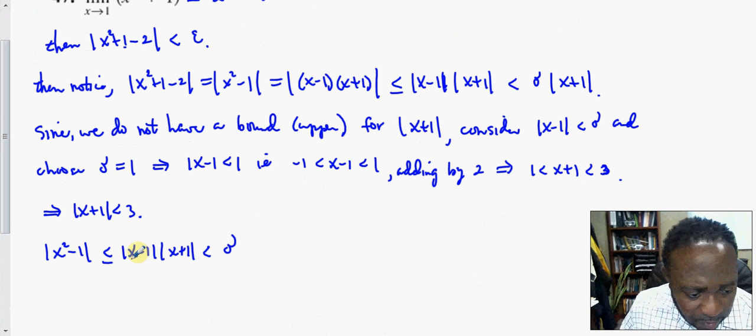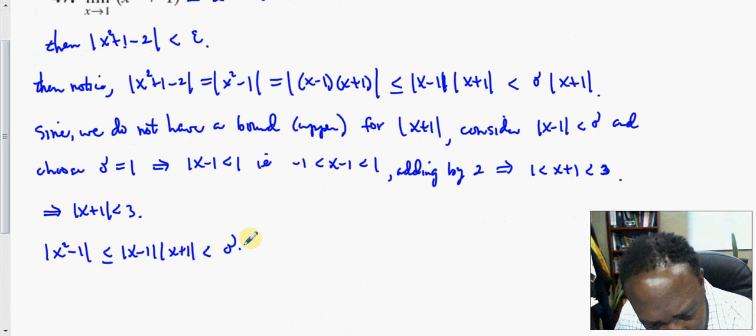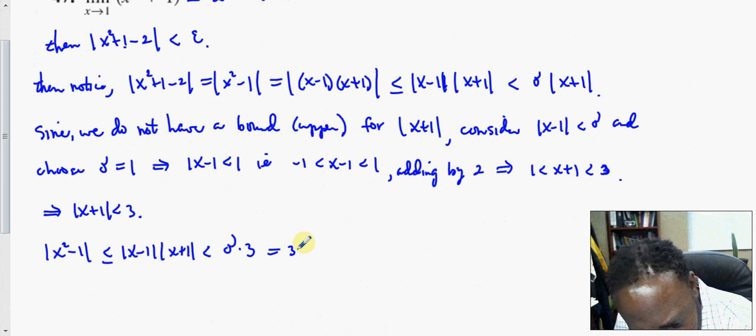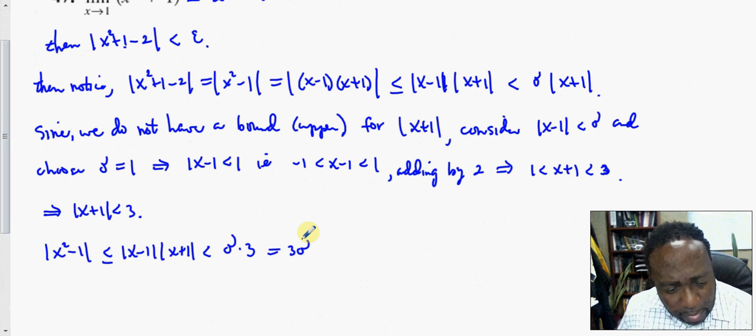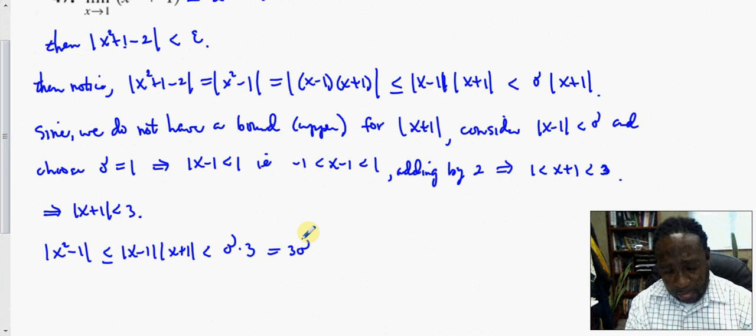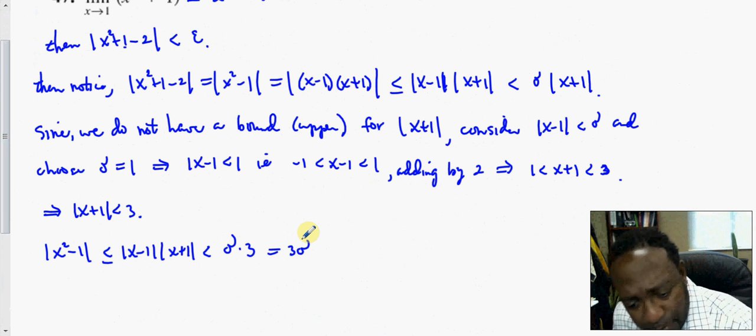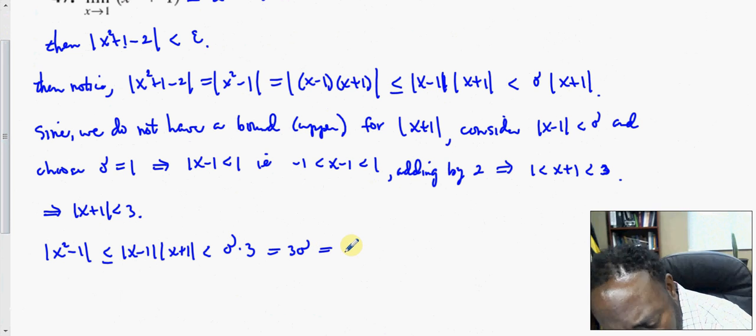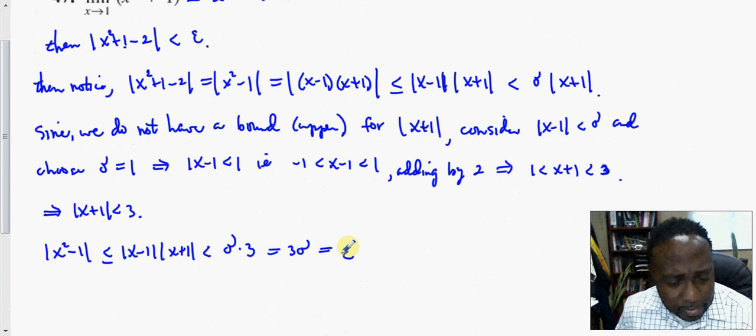For the absolute value of x minus 1, the absolute value of x plus 1 is bounded above by 3, so this is times 3. So this is 3 times delta, which is the bound for the absolute value measure between the function and the limit value. And here, we wanted this to be less than epsilon.